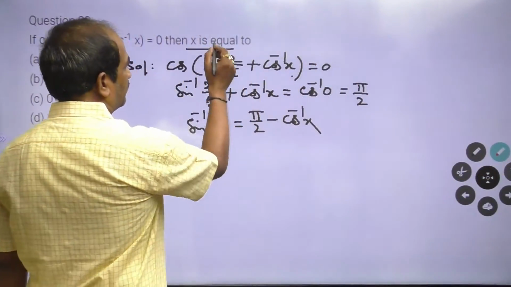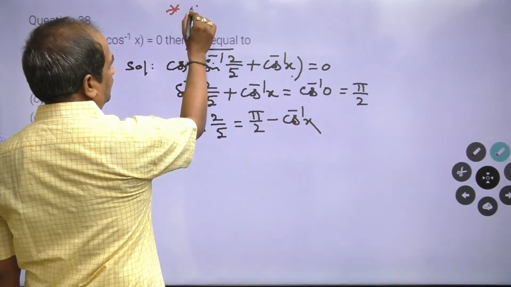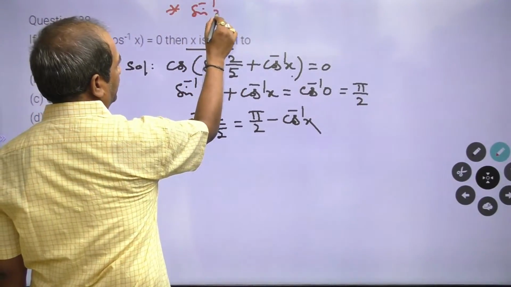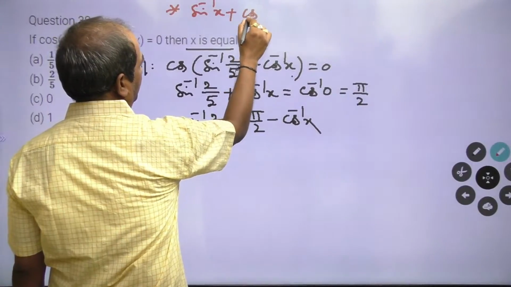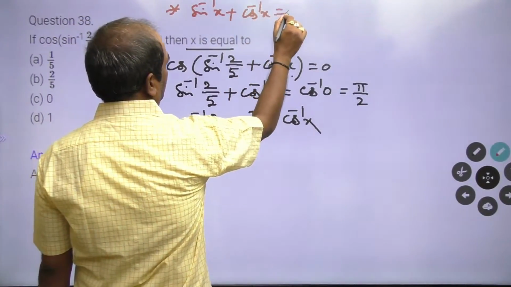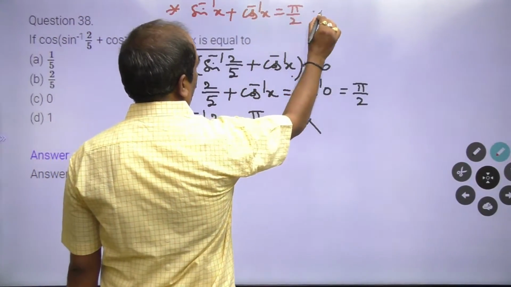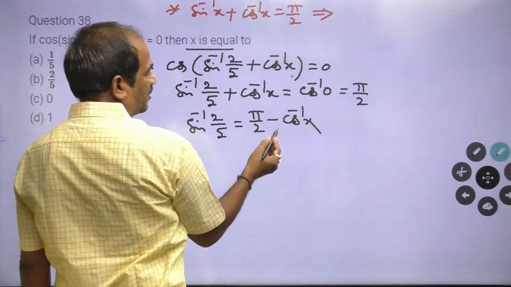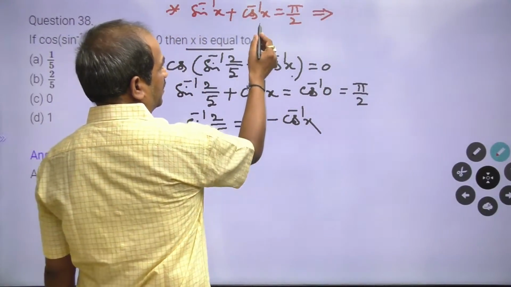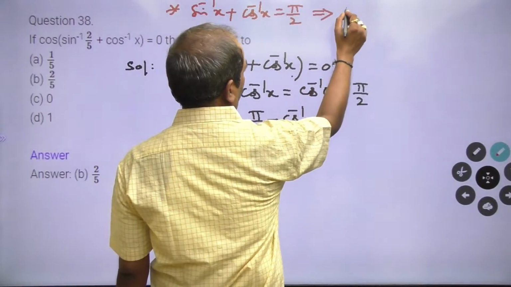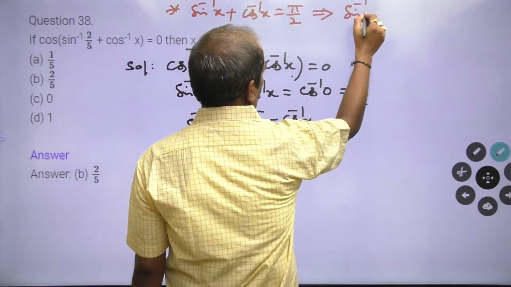See here in this formula, sin inverse of x plus cos inverse of x is equal to pi by 2. So sin inverse x is equal to pi by 2 minus cos inverse of x.